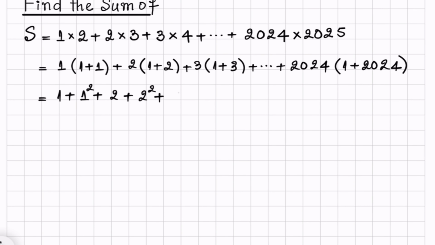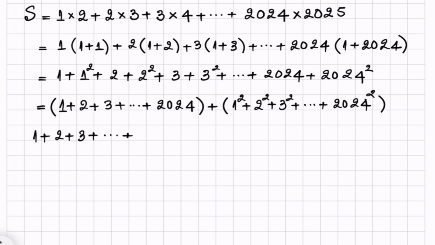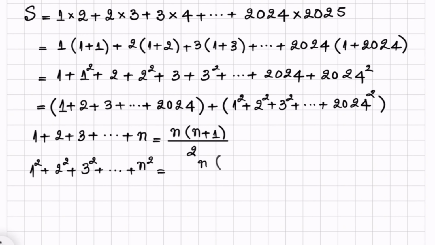Okay, so let's remember that the natural numbers 1 plus 2 plus 3 plus dot dot plus until n is equal to n factor n plus 1 divided by 2, okay, and then 1 square plus 2 square plus 3 square plus dot dot until n square is equal to n factor n plus 1 factor 2n plus 1 and then divide by 6.